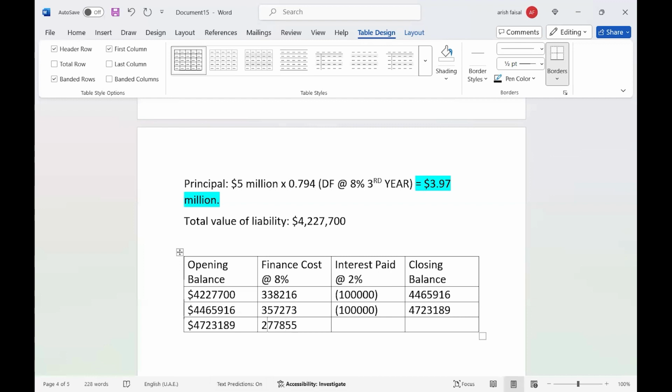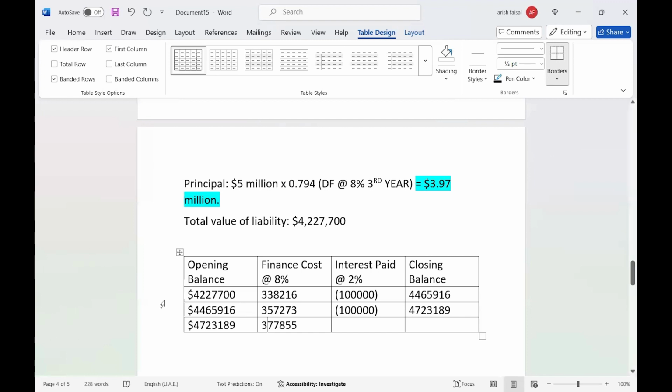Okay, so 377,855. That's the expense for the third year. So if you add up 4,723,189 plus 377,855, I approximately get around 5,101,044, just because of the rounding up.